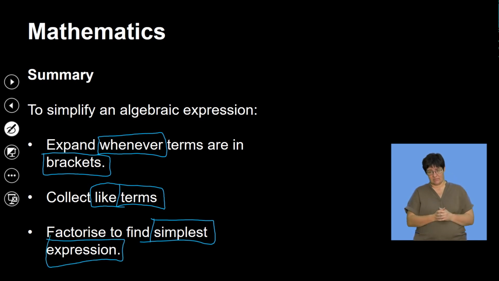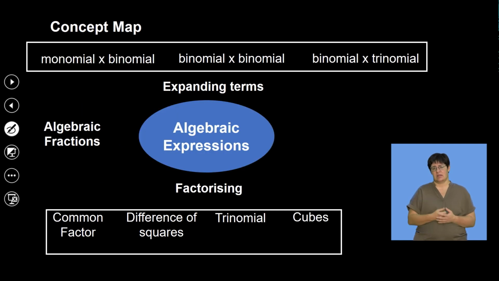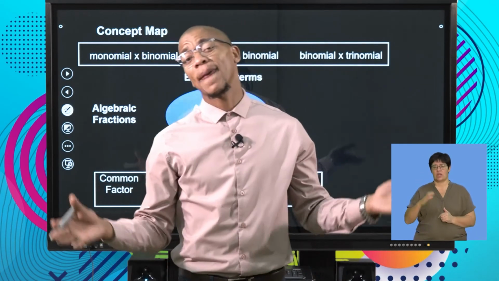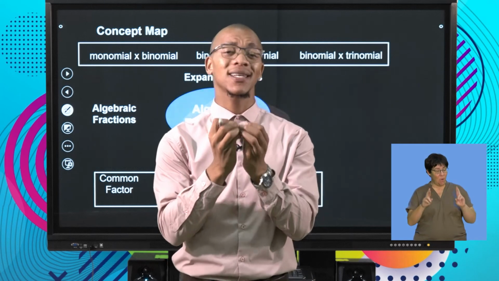And please remember the types of factorization that we spoke about: your common factor, your difference of two squares, your trinomial, and your grouping. This was our map, guys, which we looked at. We said it's algebraic expression. We expanded a monomial with a binomial, a binomial with a binomial, and a binomial with a trinomial. We looked at some fractions, some factorizing, which was a common factor, difference of two squares, trinomial, and some cubes. And I hope that clarifies a lot of things that has to do with algebra.